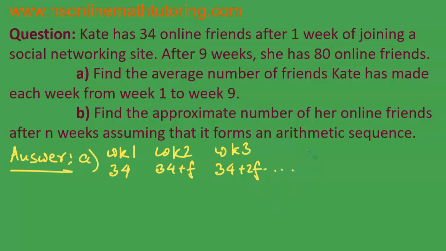Therefore, this will be continuing, and after week 9, it is obviously 34 plus 8F. This is equal to 80. So, the average number of friends is F. This is the number of friends that she is making every week. F is equal to 80 minus 34 over 8.